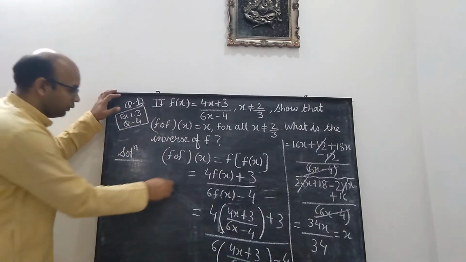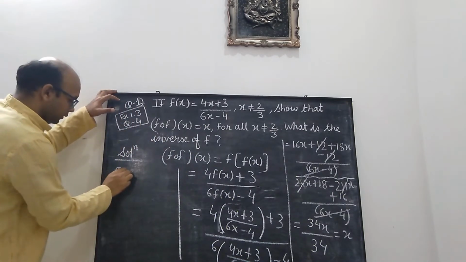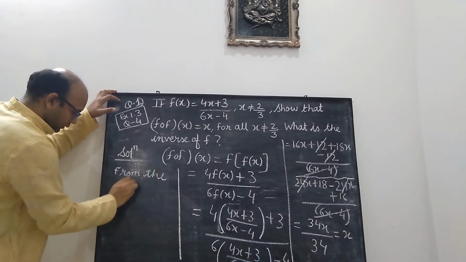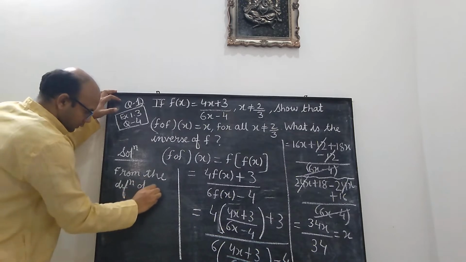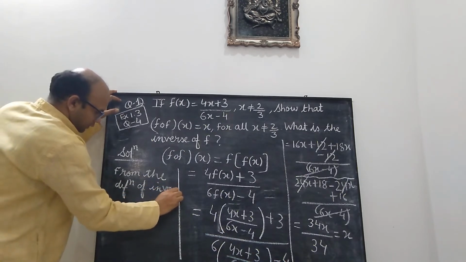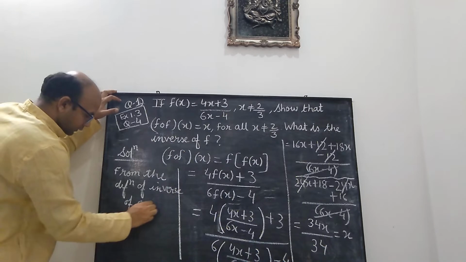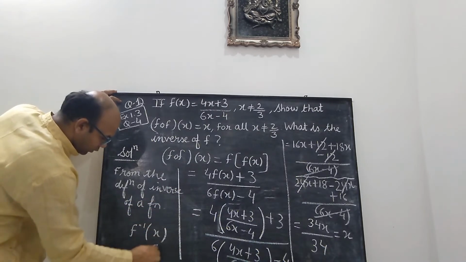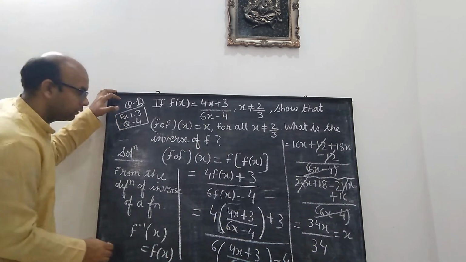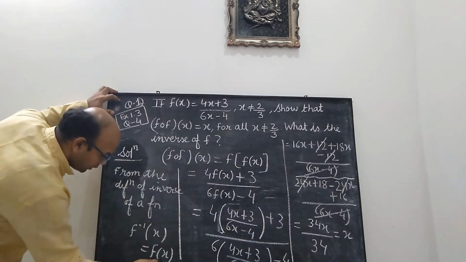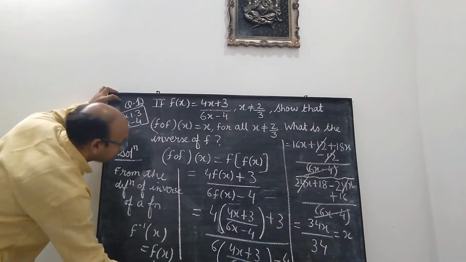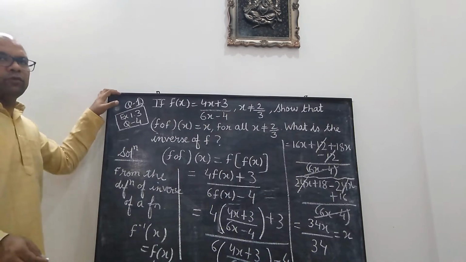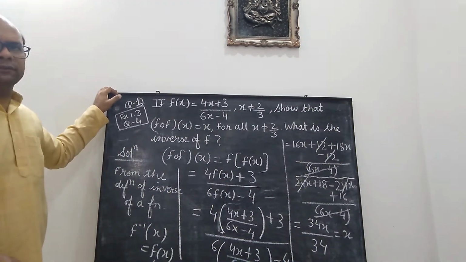So from the definition of the inverse of a function, we can see that f inverse of x is equal to f(x), and f(x) is nothing else but (4x plus 3) upon (6x minus 4). So we are done with this question, and we move on to the next question.